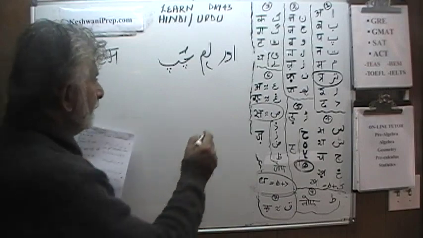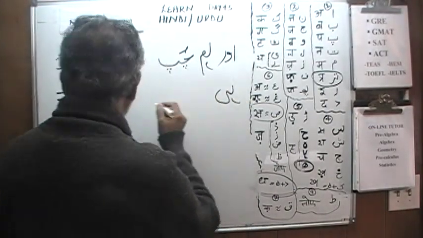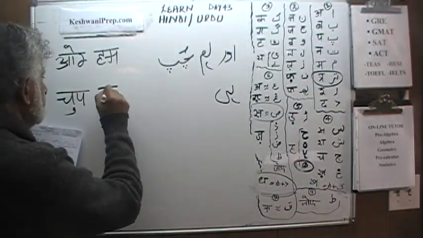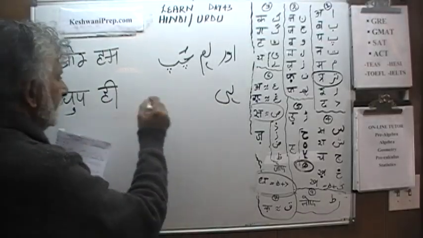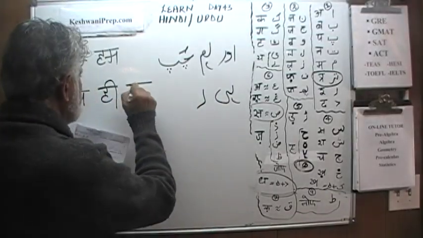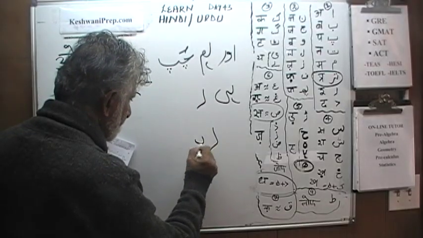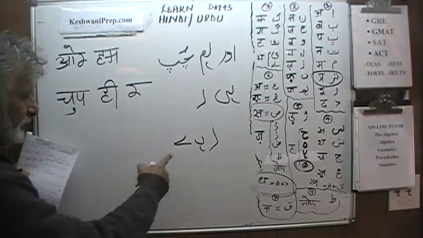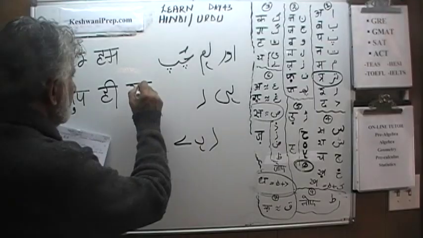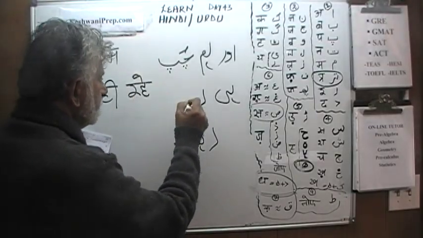Aur hum chup hi, rahe. Ra, and then a ha, and a badi a. Badi a is going to give us a ki matra. Rahe.